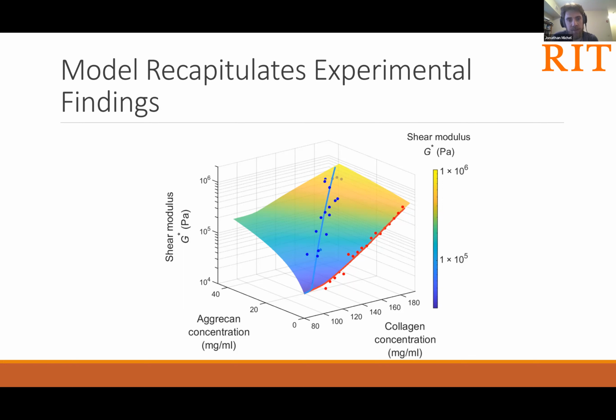So with this model in hand, what we envision is that if a patient, say, presents with a joint injury, complains of certain symptoms, then perhaps a non-invasive procedure like an MRI could be used to image the tissue, infer concentrations of different constituents.